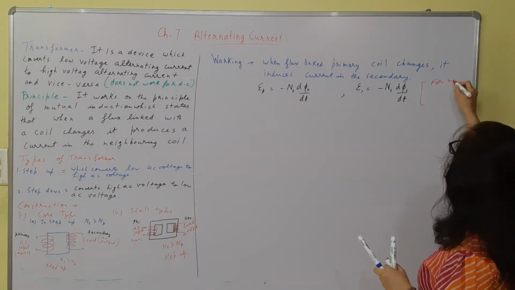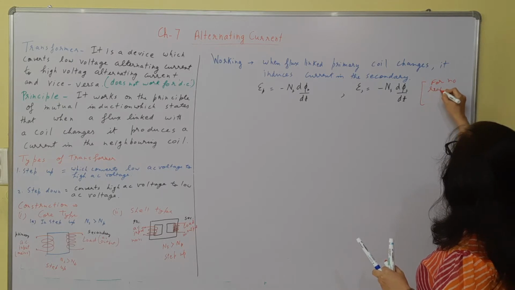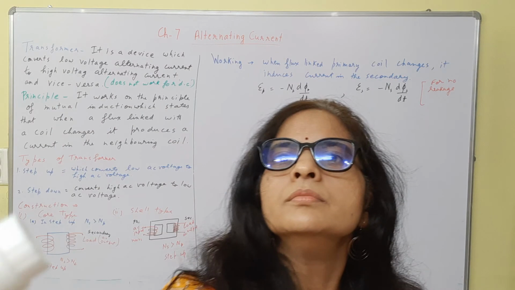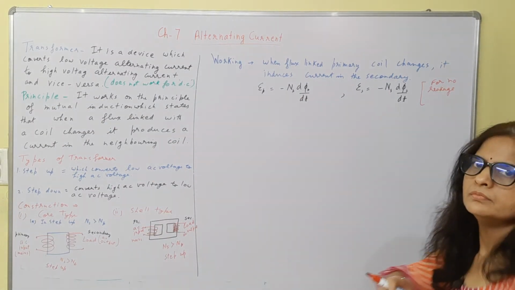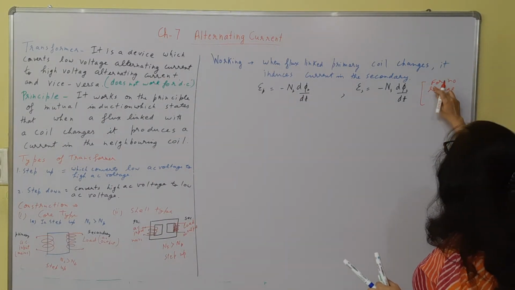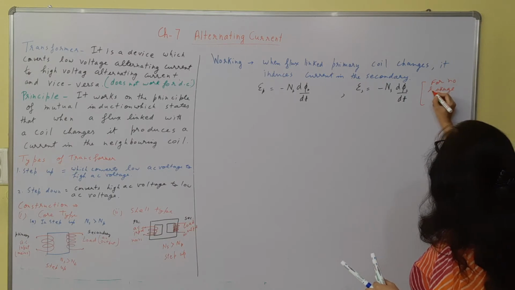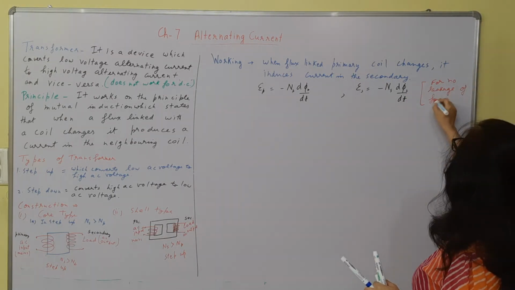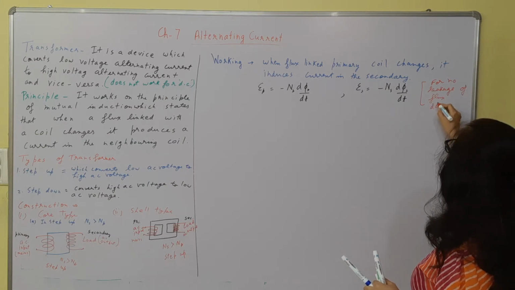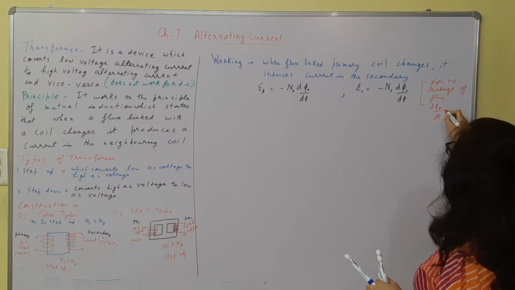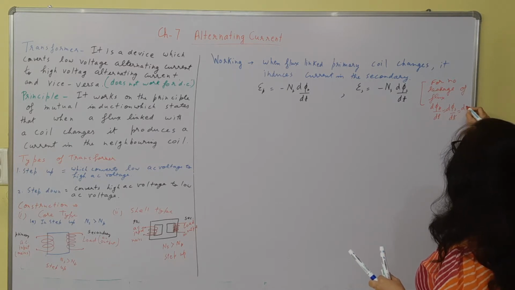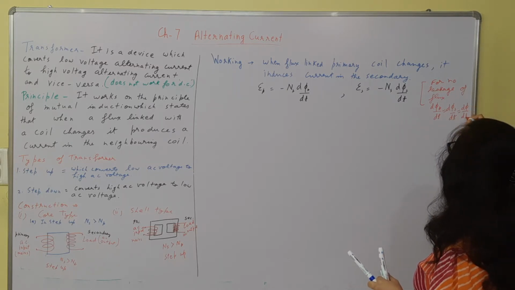For no leakage of flux, d phi p by dt is equal to d phi s by dt is equal to d phi by dt.